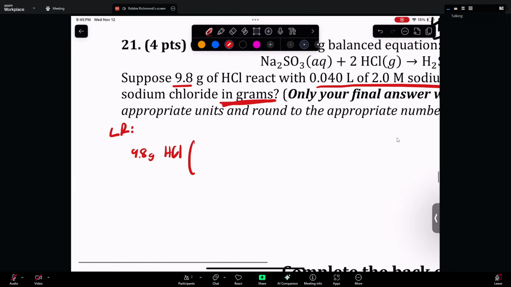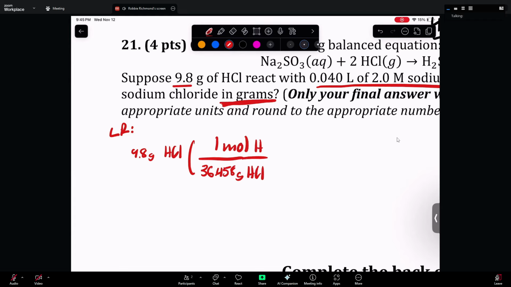And let's calculate this real quick. I get 36.458 grams of hydrochloric acid is going to be 1 mole of hydrochloric acid.